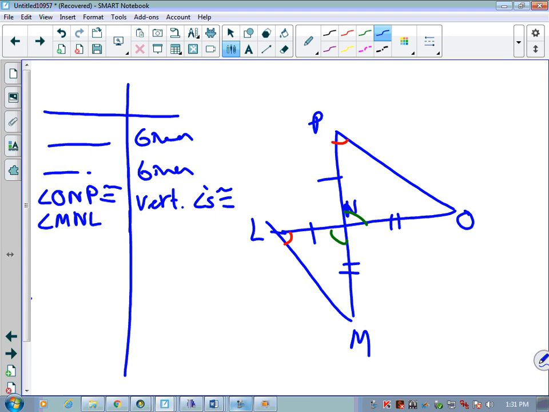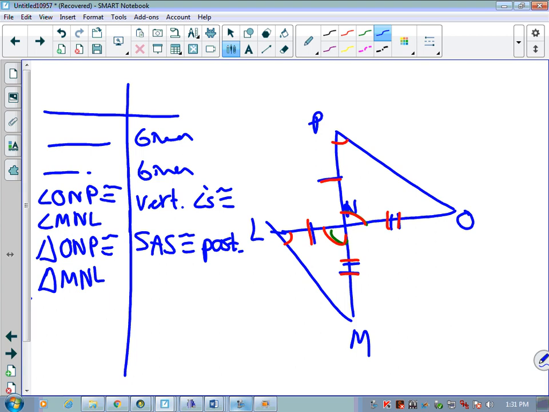And so what that's giving me here is side, angle, side, side, angle, side. So I can say my triangle ONP is congruent to triangle MNL through the side-angle-side congruency postulate.